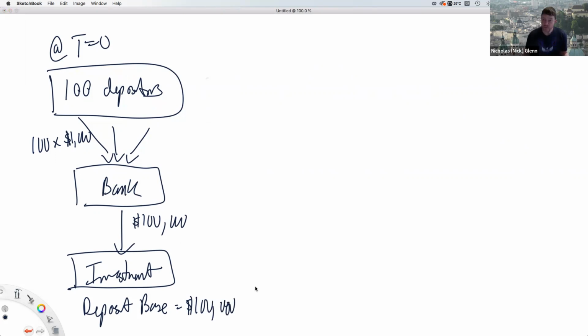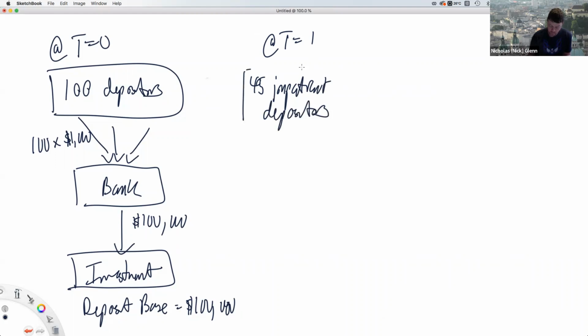Now we'll go to time period t equals 1. And 45% of these depositors are going to experience some kind of liquidity shock. If something comes up, they need to pull their money out. They need to use it. They need to be able to spend it. So 45 impatient depositors show up here to withdraw their money.